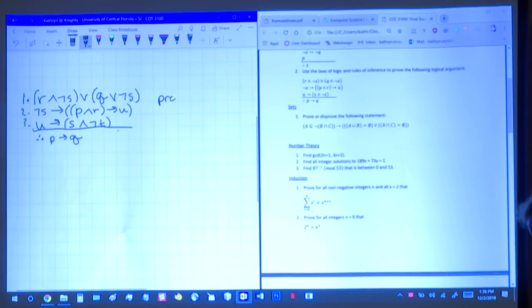This is just premise, and premise again.